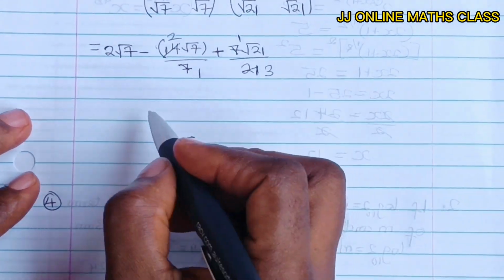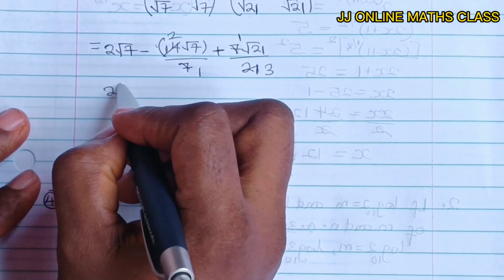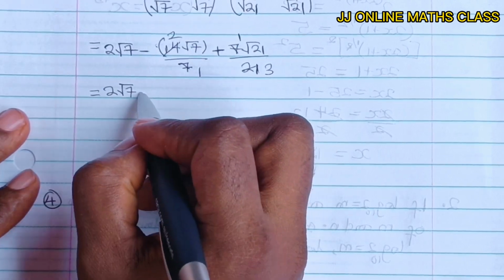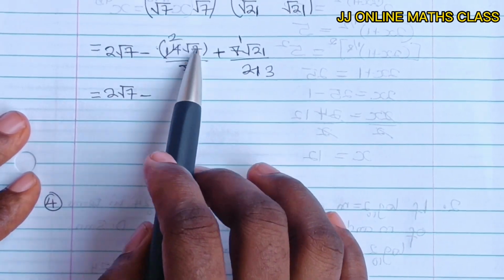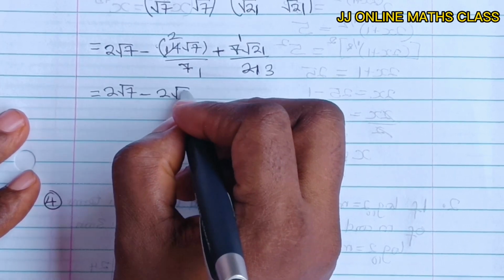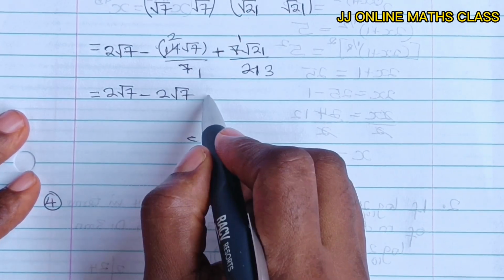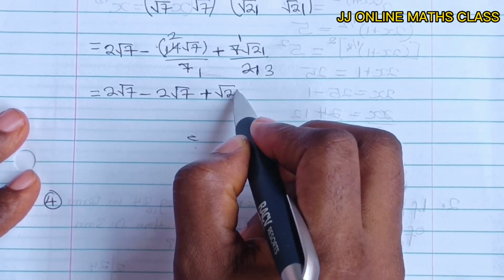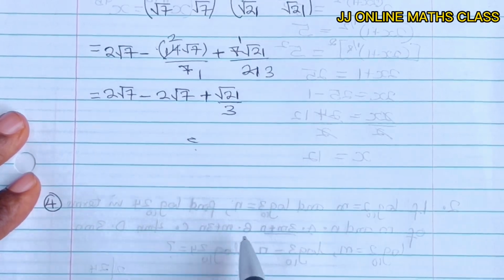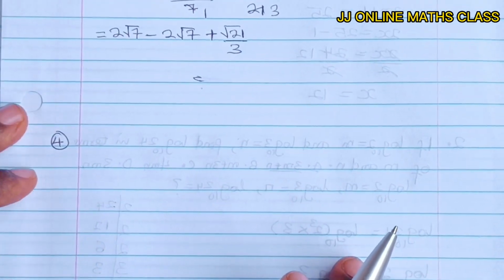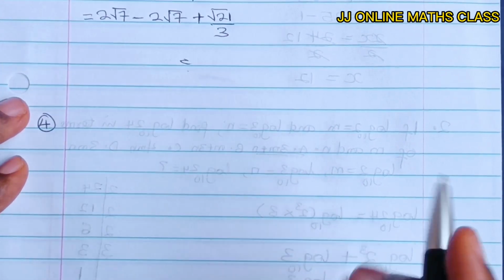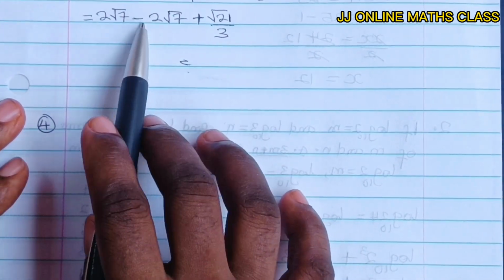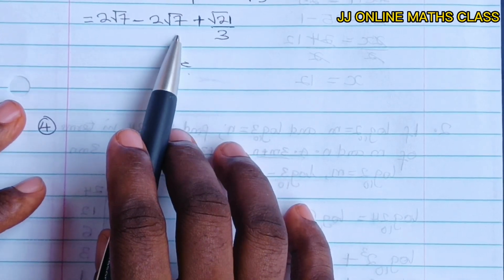That means we have 2 root 7 minus another 2 root 7 plus root 21 divided by 3. Okay, but 2 root 7 minus 2 root 7 is 0.